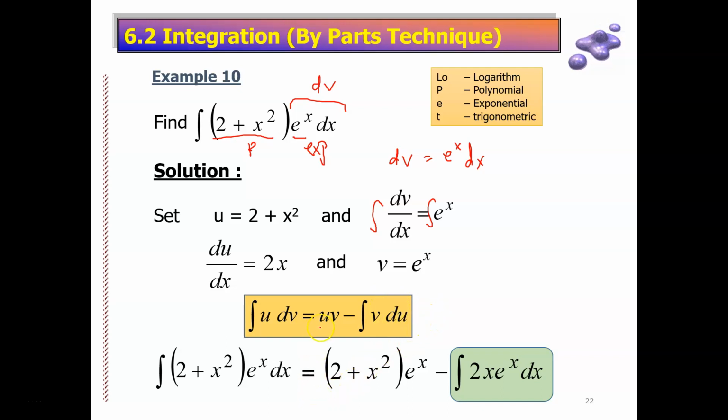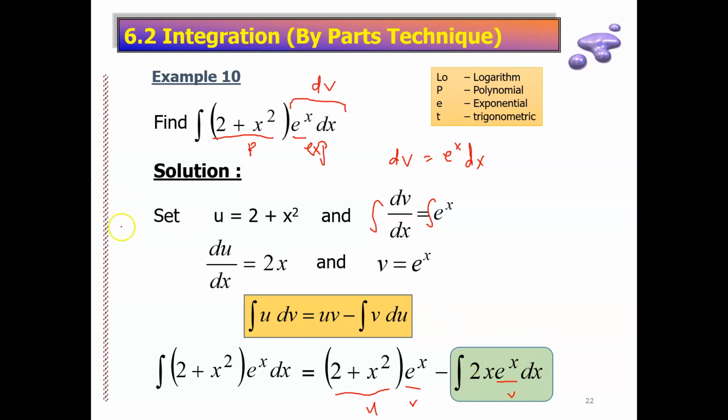So again, this is your u, x, this is your v, minus integration of v. Again, this is your v, right? This is your v. The rest is your du.